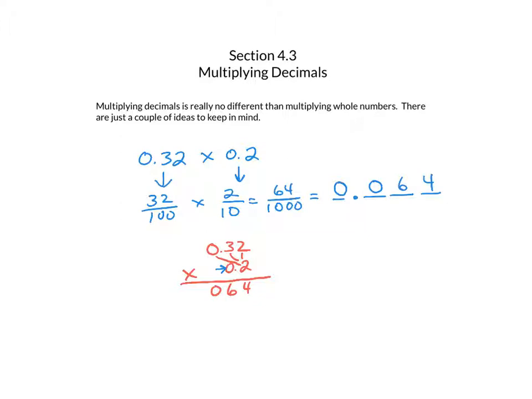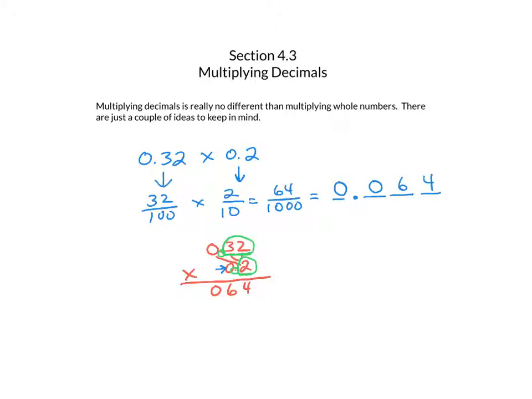And I want you to notice that in the very first number, I have 2 digits after the decimal point, the 3 and the 2. And in the second number, I have 1 digit after the decimal point. So I have a total of 3 numbers after the decimal point in the problem. The rule when multiplying decimals is that you have to have the same number of digits after the decimal point in your answer as you do in the problem.